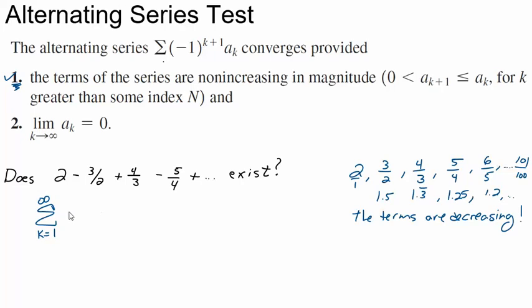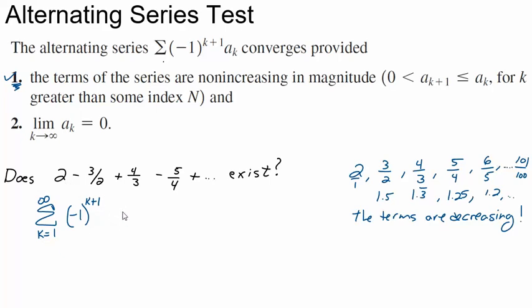I'm going to have my alternating business here, so I'll put in (-1). Now I want my first term to be positive, so I'm going to have to go k plus 1. If I leave that as a k, I'm going to get a -1. So if I go k plus 1, or k minus 1 would work also, then that's going to make the first term positive, which is what I want.